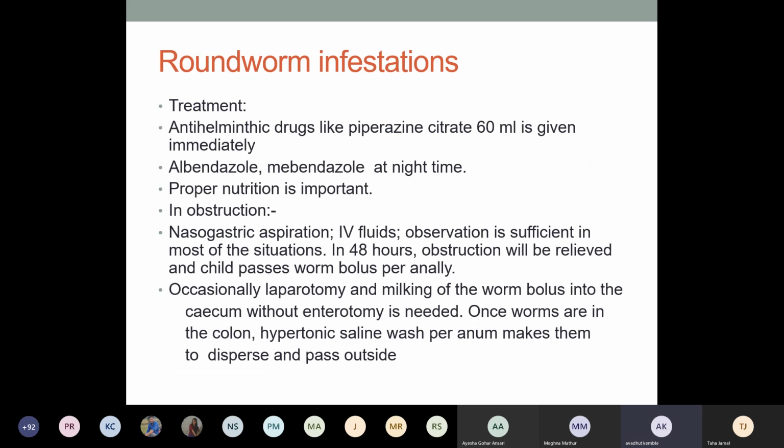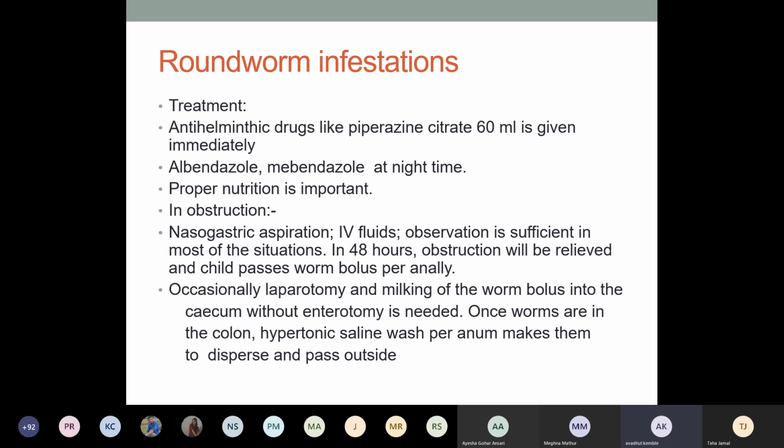This roundworm can complicate and lead to intestinal obstruction, which is commonly seen in the pediatric age group. The treatment for that is admission of the patient, nasogastric aspiration with Ryle's tube, and IV fluids. Observation is sufficient in most situations.